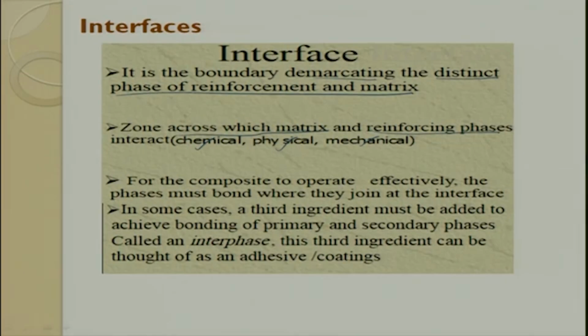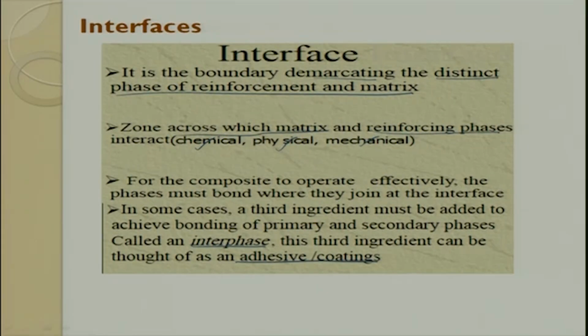For the composite to operate effectively, the phases must bond where they join at the interface. In some cases, a third ingredient must be added to achieve bonding of the primary and secondary phase, called an interface. Is it clear? This third ingredient can be an additive or a coating.